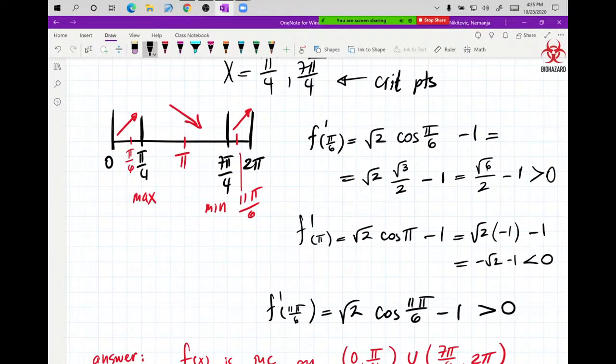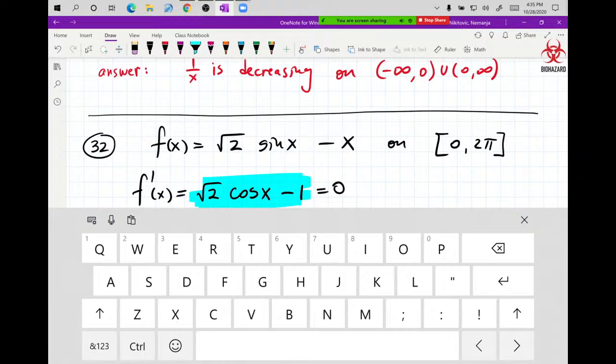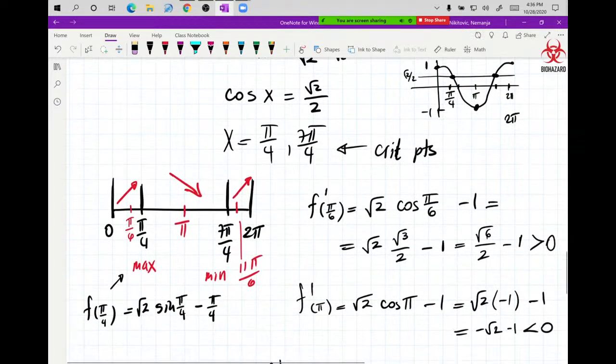We have our function. So for maximum, it's the function computed at pi over 4, and that was root 2 times sine of pi over 4 minus pi over 4. Remember, the original function was minus x, so you're subtracting pi over 4. And this is not going to be a whole number.